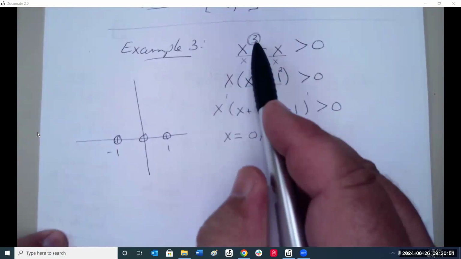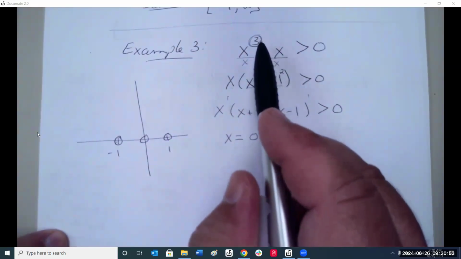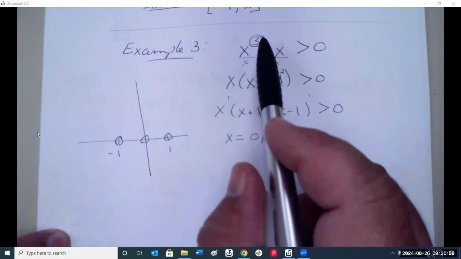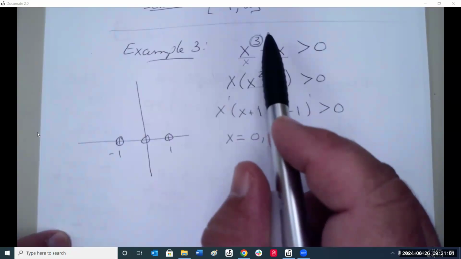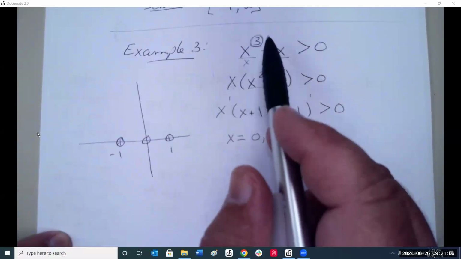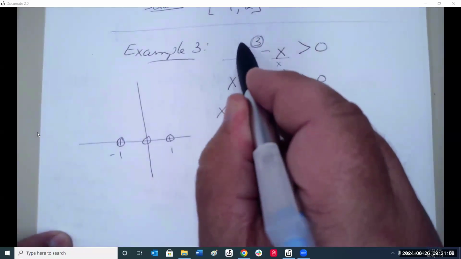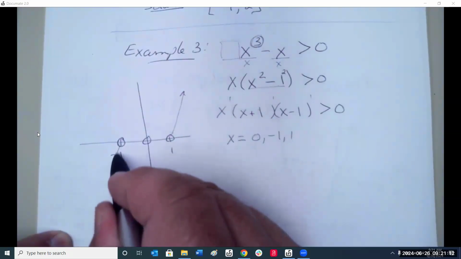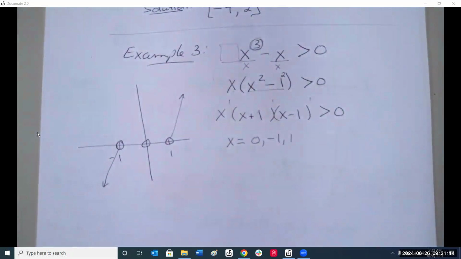Okay, it's a degree 3, so what does that tell us the graph's going to look like? What happens to both ends? They go the same direction or opposite directions? Opposite directions. And since it's positive, this side goes up, this side goes down.